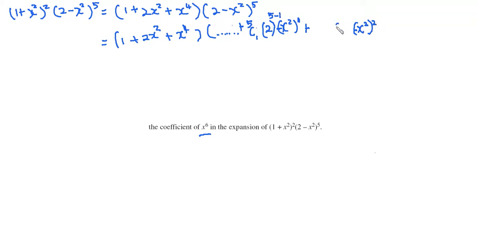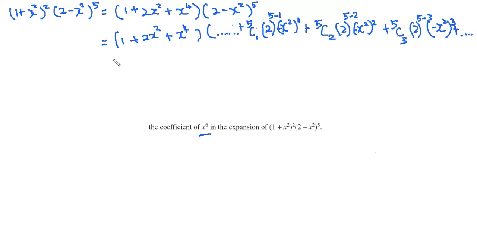So therefore, a becomes 5 minus 2, and it is 5C2. Similarly, you have the third one, minus x^2 to the power 3. So 2 times 3 is 6, multiplied by 1 here, you generate another x^6 term. So therefore, your a is 5 minus 3, which is 5C3. Remember these are the same. And then plus the subsequent one.